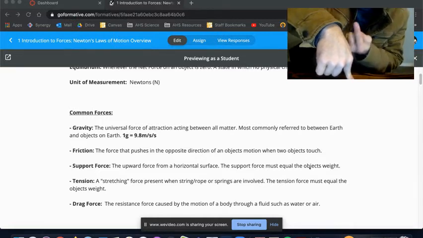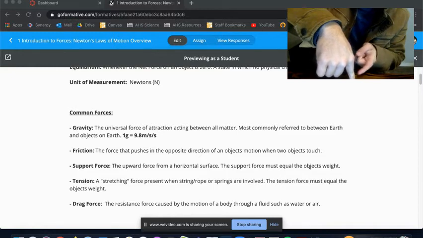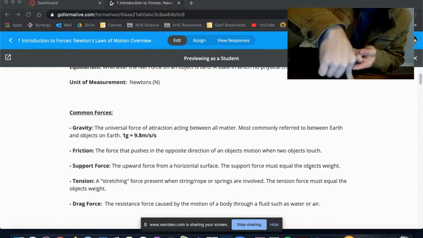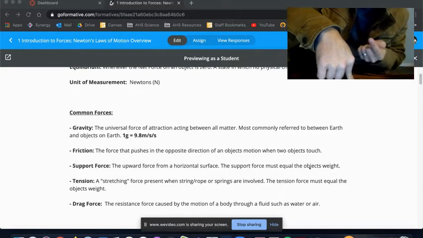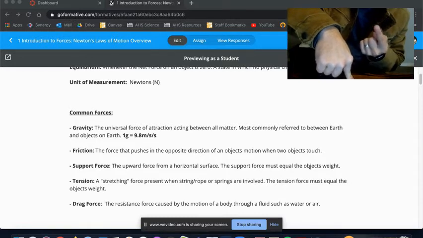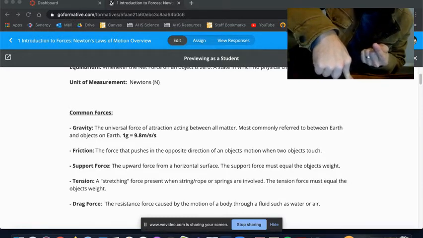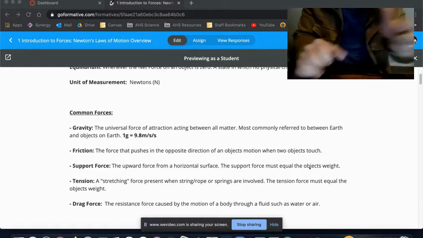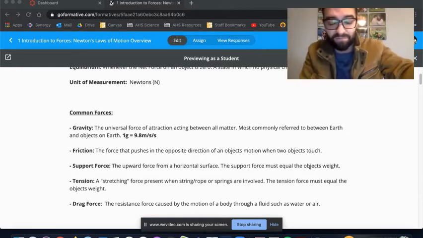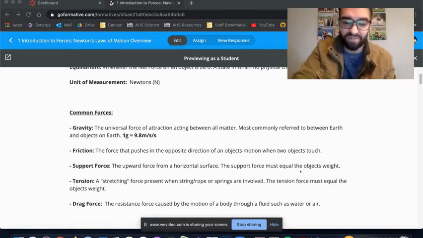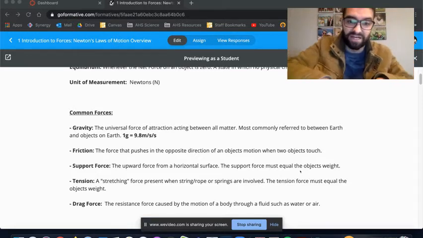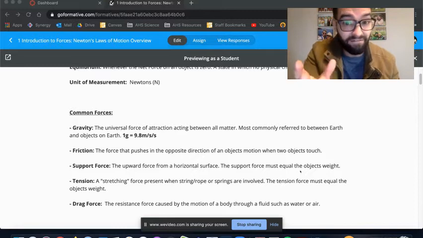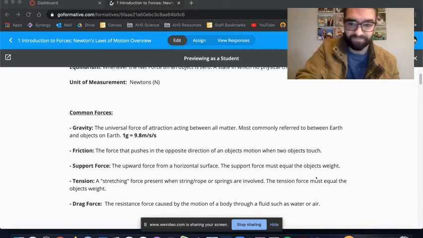It is pushing against my finger. What you can also see is my finger kind of starts to bend. And the force with which I'm pushing down is the exact same force that the table is pushing up. So that is the support force, and it is always going to be equal to the force pushing down on it. If it's not, then the table is going to break. So keep that in mind.